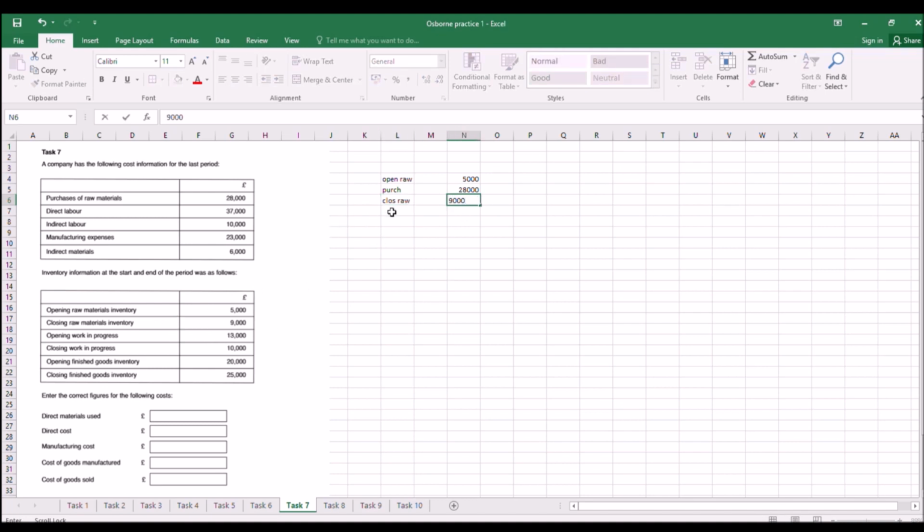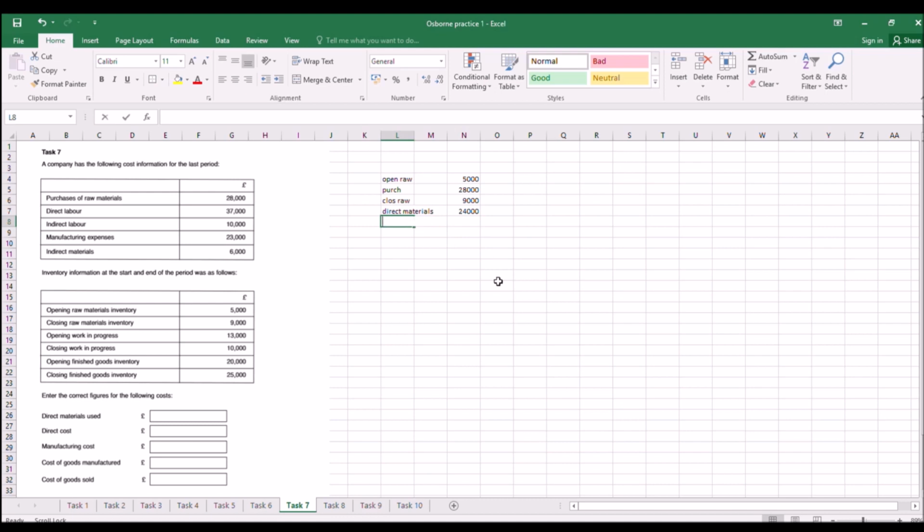And so we've got our direct materials used, which is going to be the opening materials plus our purchases minus the materials that we've got left. So that's the amount of materials we've used in the period, £24,000 worth of it.